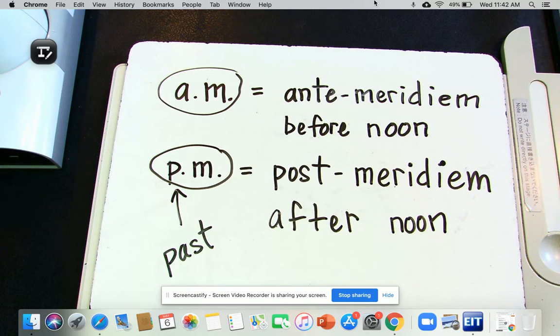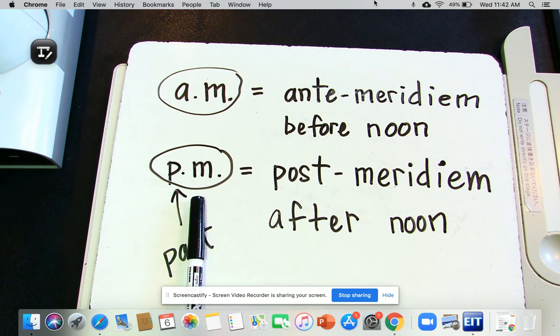Let's see, what about if I was going for a walk at 4 o'clock? So let's pretend Miss Taylor's going for a walk. It's a beautiful day outside. It's 4 o'clock. Is it 4 o'clock PM or 4 o'clock AM? That one would be 4 o'clock PM.